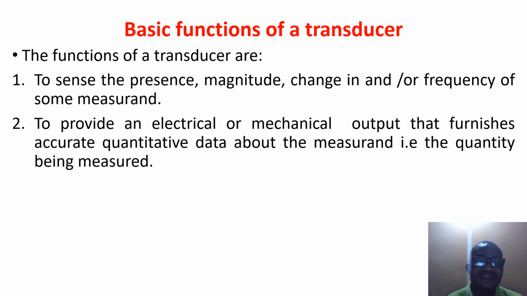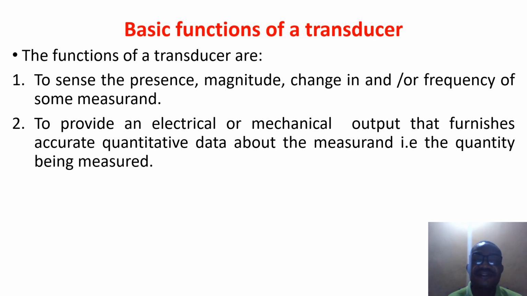The second function of a transducer is to provide an electrical or mechanical output that furnishes the accurate quantity of data to be measured. So it converts that physical quantity into an electrical signal.